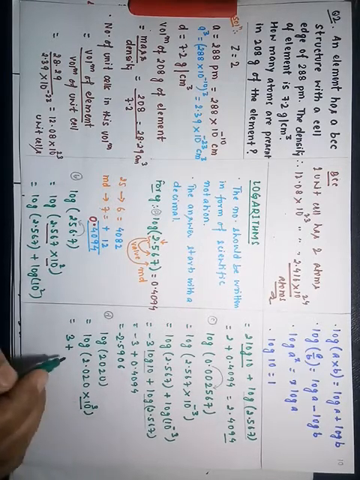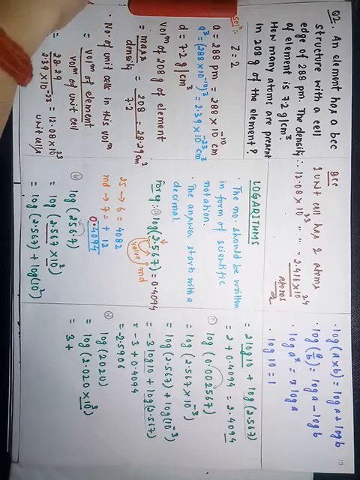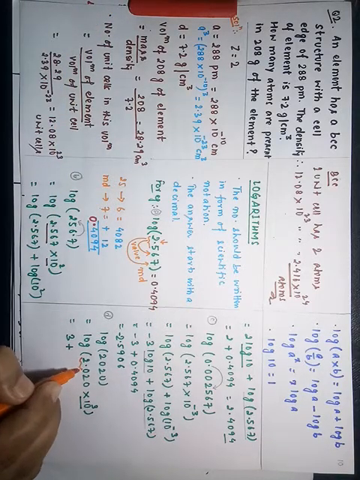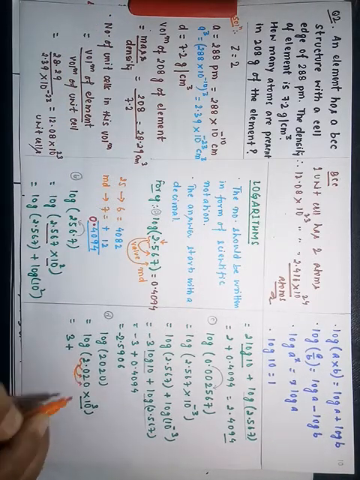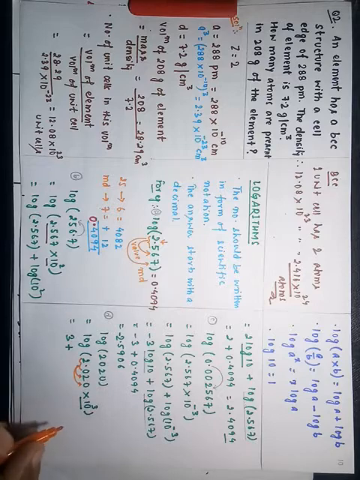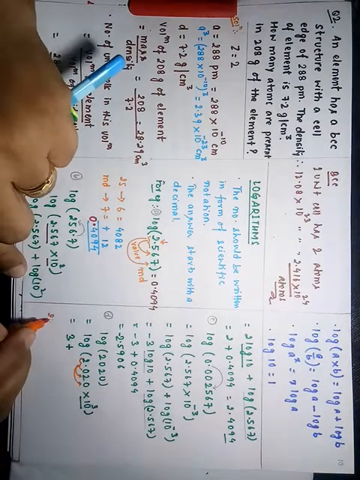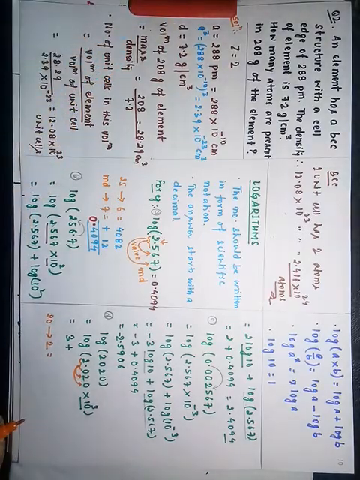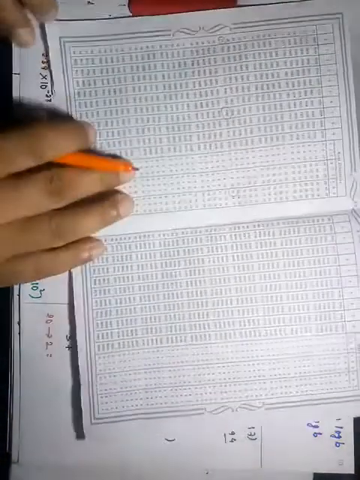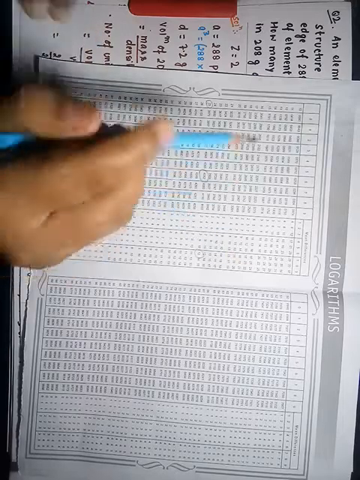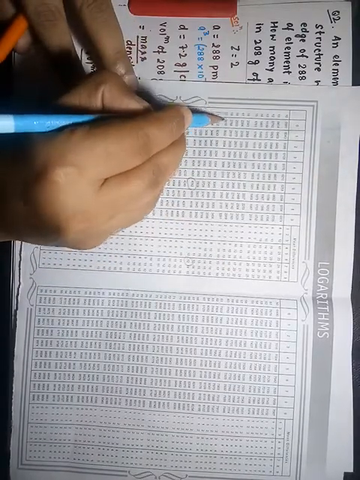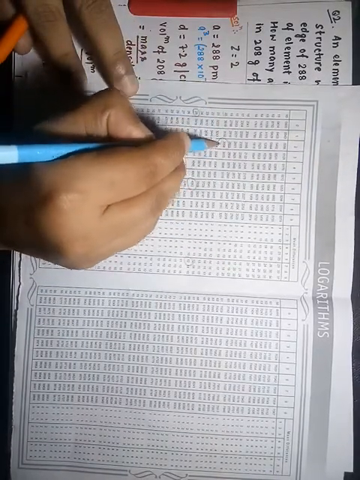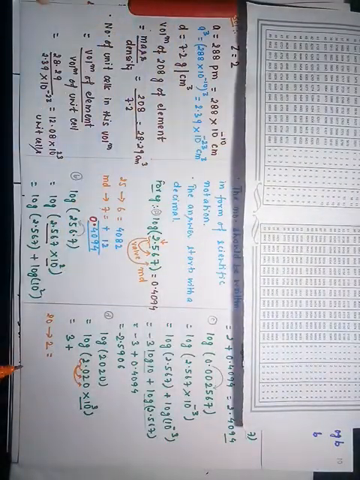So I am writing directly here 3 plus, I have to see the value of 20 in column 2, and mean difference in 0. Mean difference in 0 will always be 0. So 20 is what I have taken, and 2 is here, 3054.